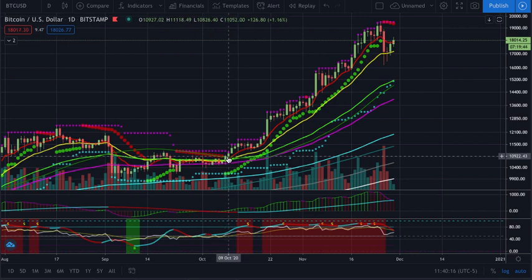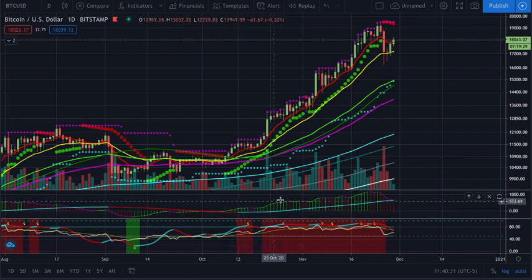Or are they diverging, as in moving away from each other, as in the gap is getting bigger between the two moving averages? So in this case, once the gap gets big enough and you're moving in a trend long enough to the upside, this will flip over blue. And then the histogram will stay above that. And as long as the histogram stays above it, we're trending to the upside.